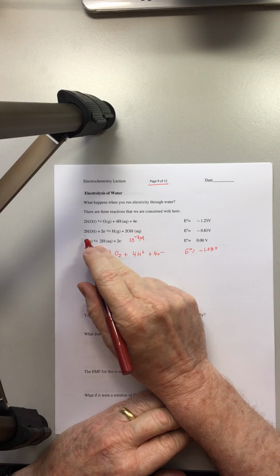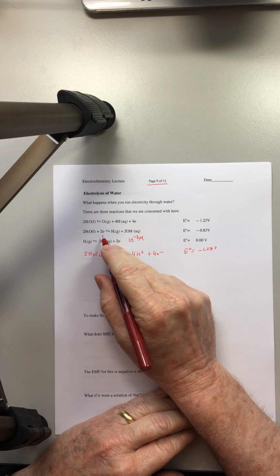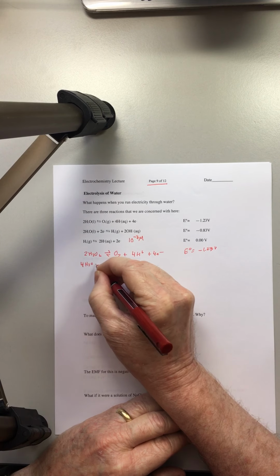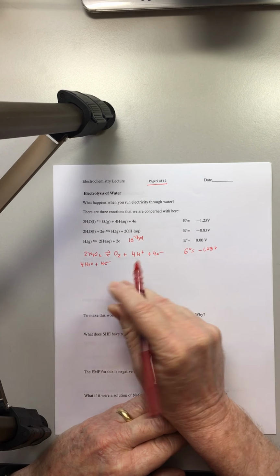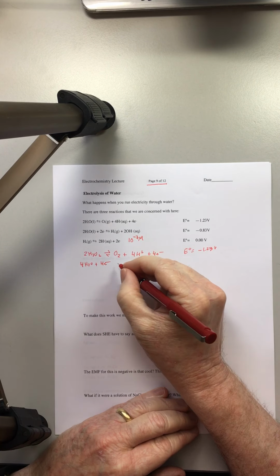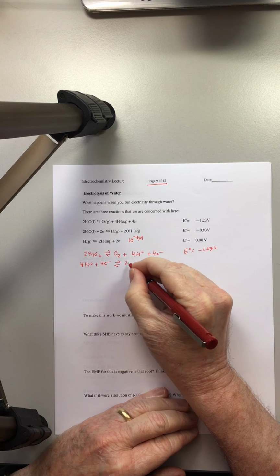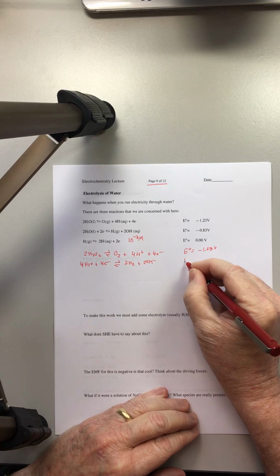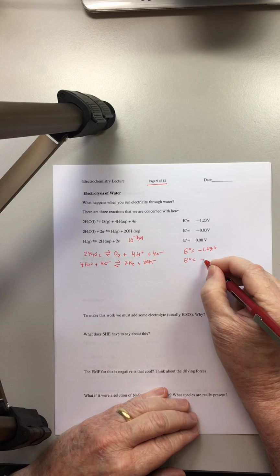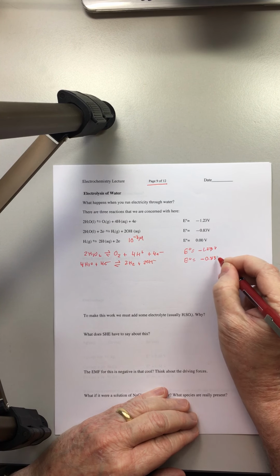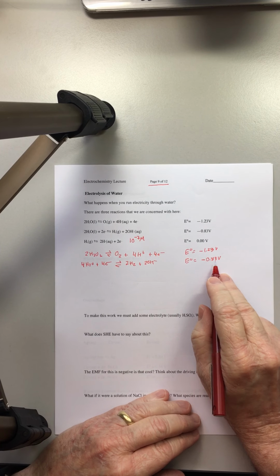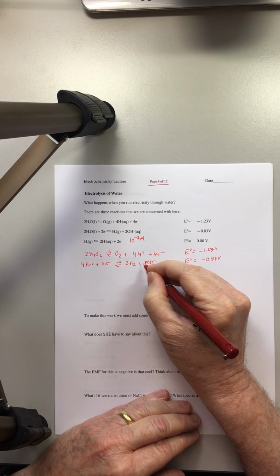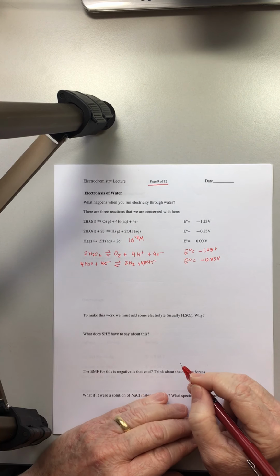And then we're going to have to double this reaction to get the electrons. 4 H2O plus 4 electrons, we need those to cancel, is going to give us 2 H2 and 2 OH minus, and that E naught is negative 0.83 volts. Remember, you do not multiply those by a 2 if you multiply the reaction by a 2, and I did a little math boo-boo there. That's a 4. Sorry about that.